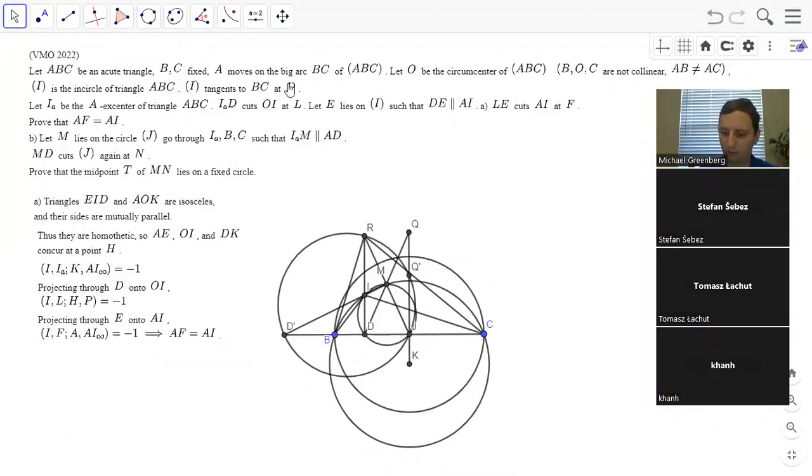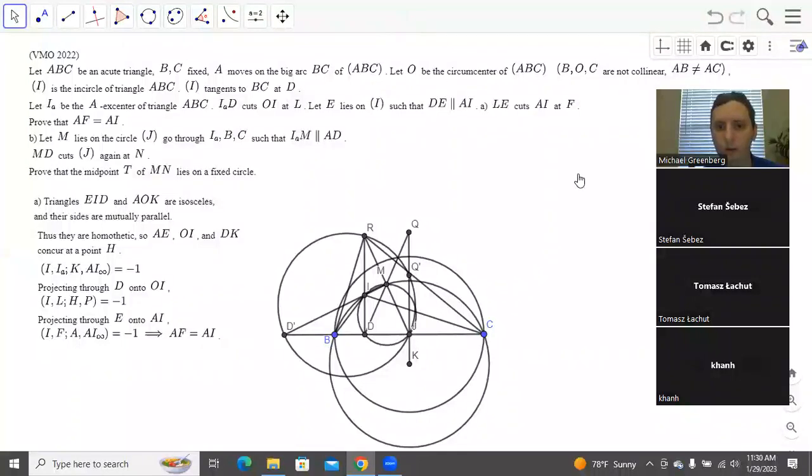DR, IR plus IB. Yeah, so Q prime is kind of a weird point. Yeah, I agree.